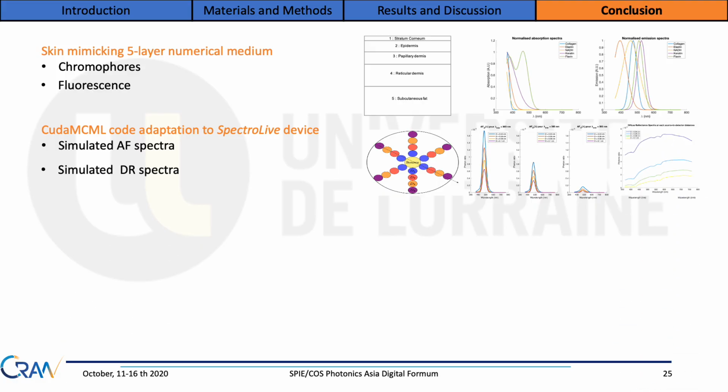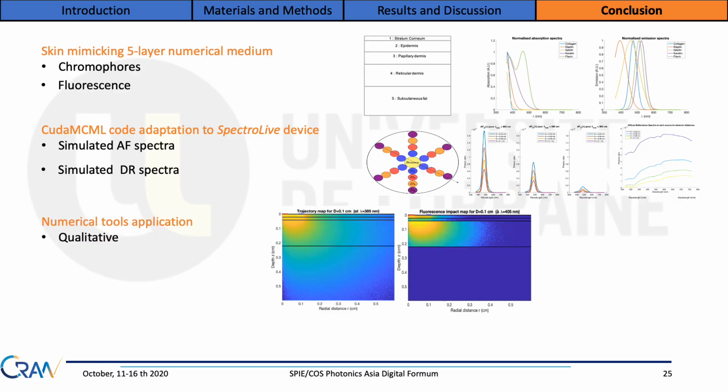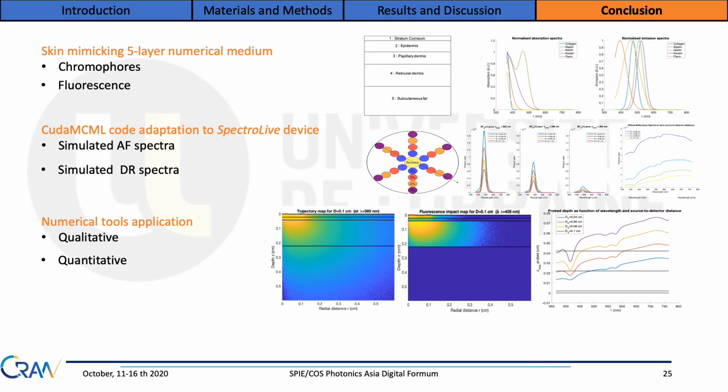We then took advantage of the power of simulation to obtain numerical information concerning the behavior of photons in depth, this information being inaccessible with the clinical device. Qualitative tools like trajectory map and fluorescence map have been applied, and the exploitation of quantitative histograms allowed us to link the wavelength and the source to sensor distance to the probe depth.